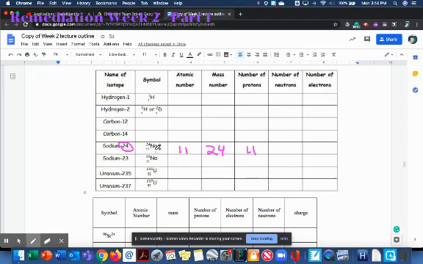The neutrons, if you have the nuclear notation, it's easy because you just take the mass number minus the atomic number, top number minus bottom number, 24 minus 11, and we get 13. For the number of electrons, as long as there's no charge written here, then the protons and the electrons have to be the same number so that we have a neutral atom. Okay. You can come back to the screen and try some of these on your own.